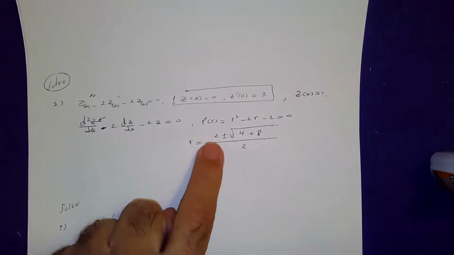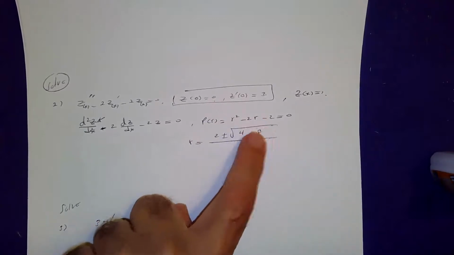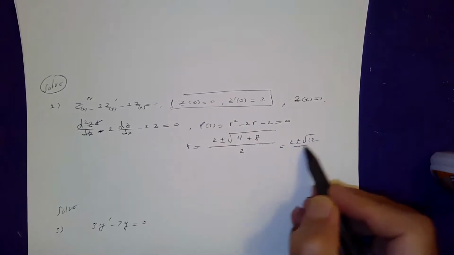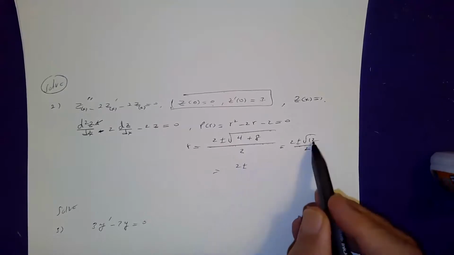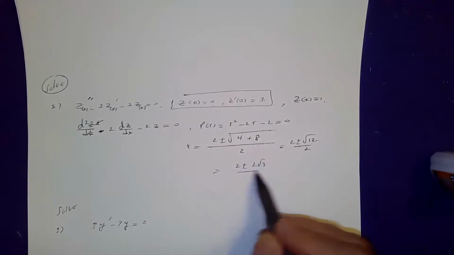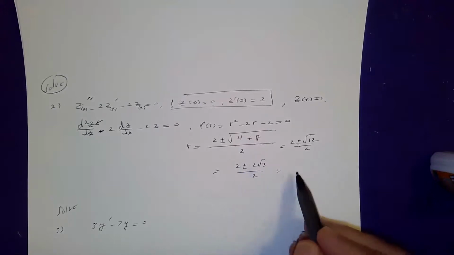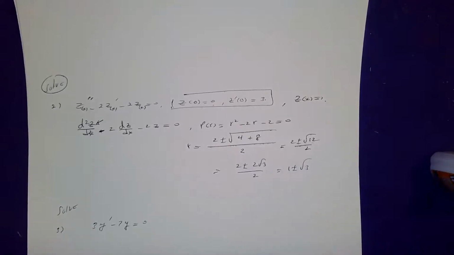That's minus b plus or minus square root of b squared minus 4ac. So this would be 2 plus or minus square root of 12 over 2, which is 2 plus or minus 2 square root of 3 over 2, since 12 is 4 times 3. But then you can divide top and bottom of this fraction by 2, get 1 plus or minus square root of 3. So we got real roots.